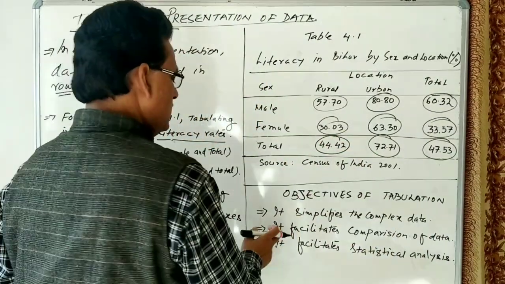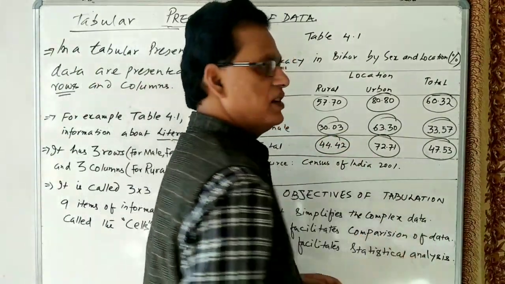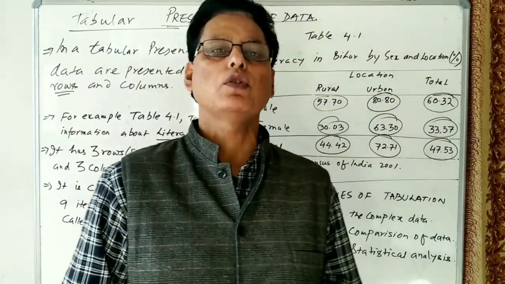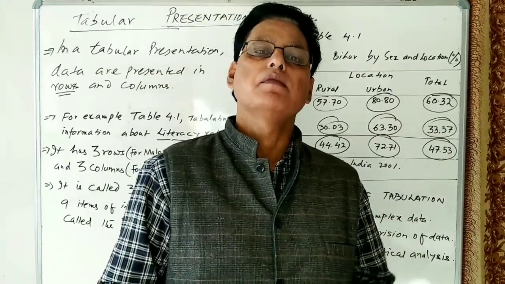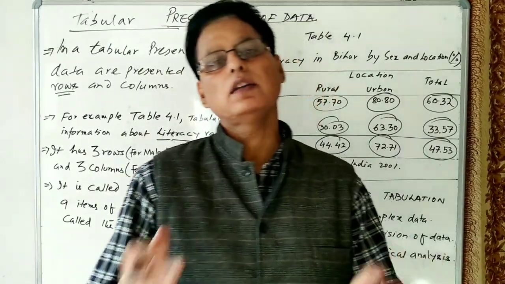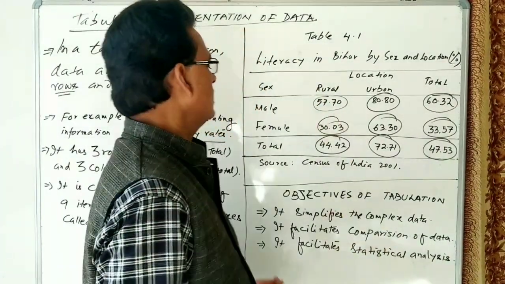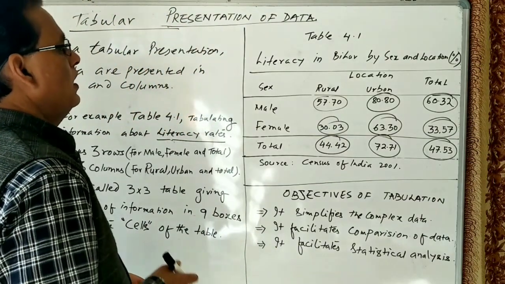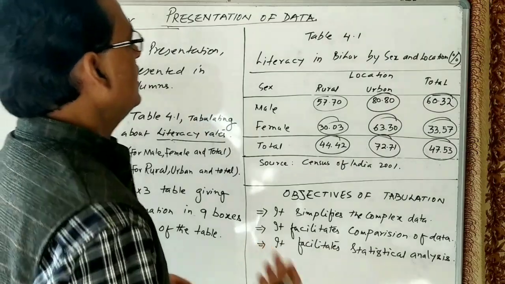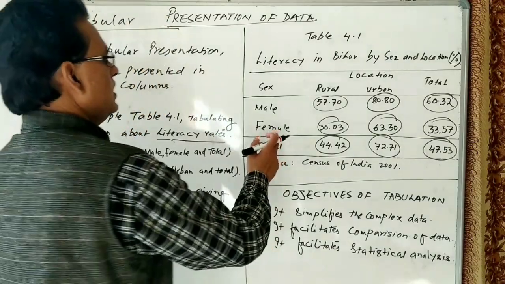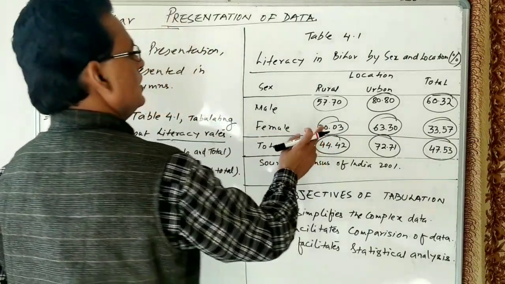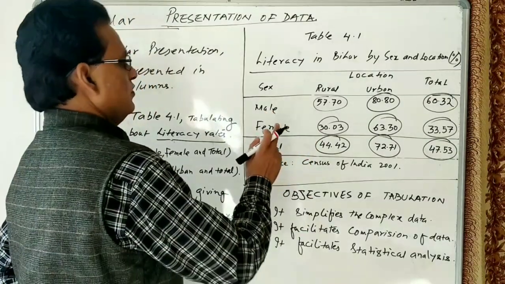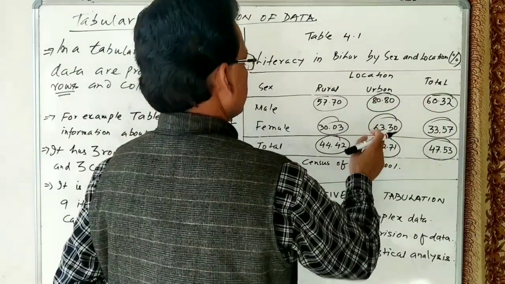The second one: it facilitates comparison of data. When the data are presented in the form of rows and columns, it becomes very simple to make comparisons. Here we can compare how many rural females are literate and how many urban females are literate.